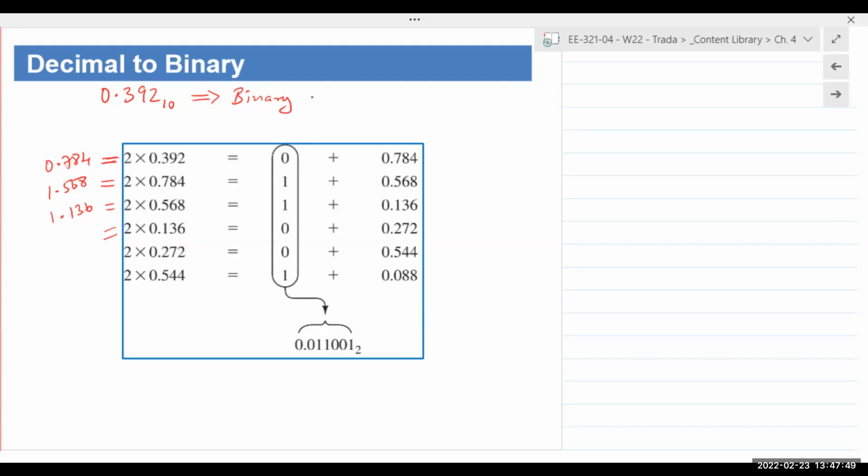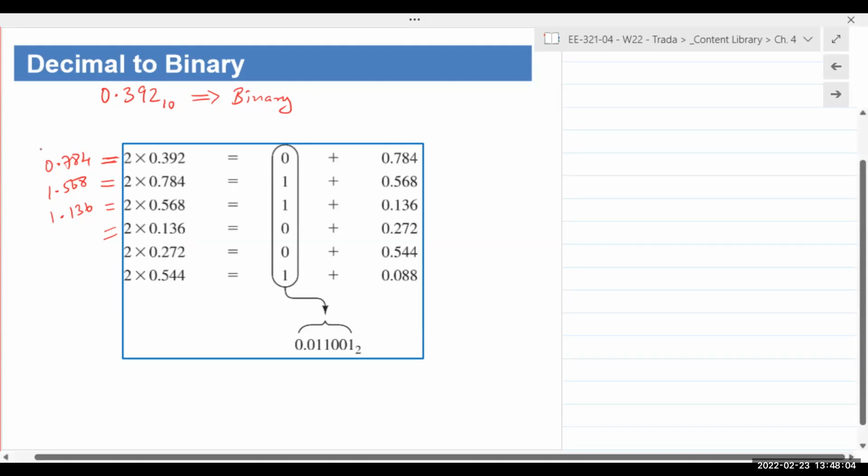This is the correct technical description of writing out the number, but it causes confusion. You see what I'm saying? So we get 0.784. You write down the 0 from here. Let me actually make this arrow. So this 0 comes here. These numbers that are the real portion, they're going to come there.